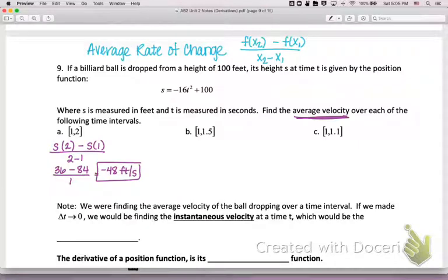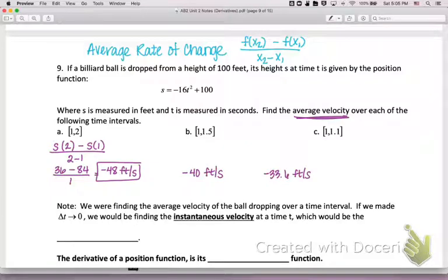What if we make that interval smaller? This is kind of what we did in that Desmos activity. If we make this interval smaller, and you can do the slope formula for B, we get negative 40 feet per second for the average rate of change. And for C, we get negative 33.6 feet per second.